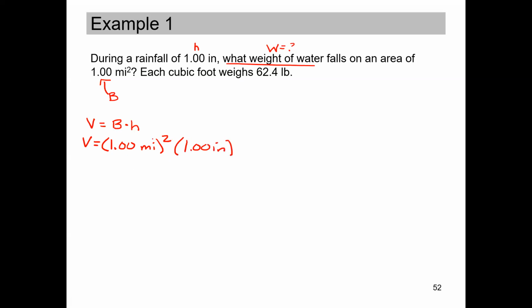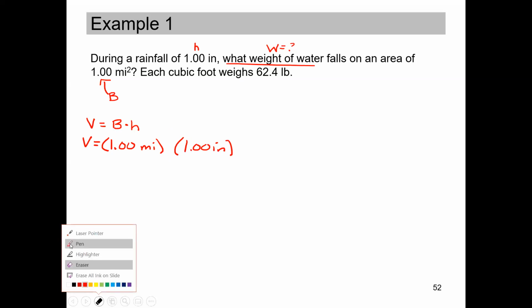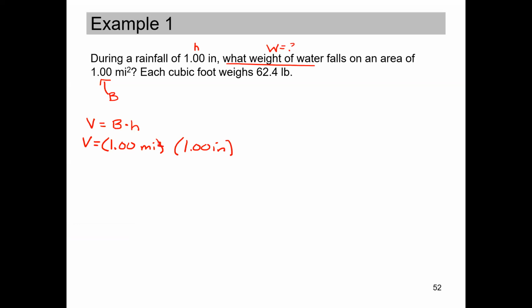I'm going to put that square inside the parenthesis so I don't confuse it. We don't want to be dealing with miles and inches. I can put everything in miles, everything in inches, or everything in another measurement. And my ultimate goal is to find the weight.